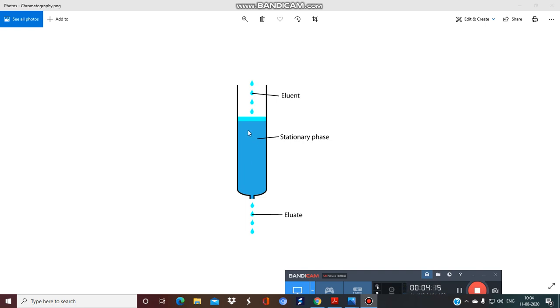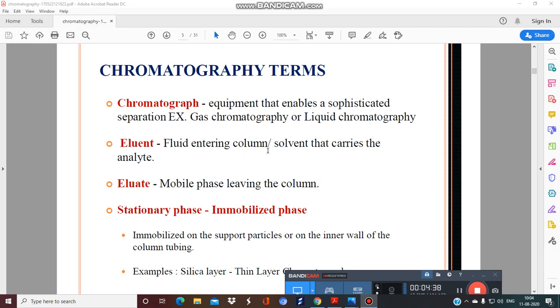After the penetration of the eluent through the stationary phase, it will elute and be collected using a conical flask or a beaker. This is known as the eluate, that which leaves the column, and that which enters the column is the eluent. See this: fluid entering the column, mobile phase leaving the column. I hope this is clear now.